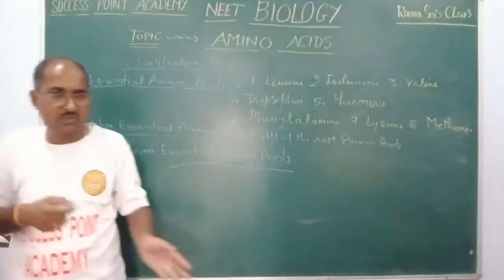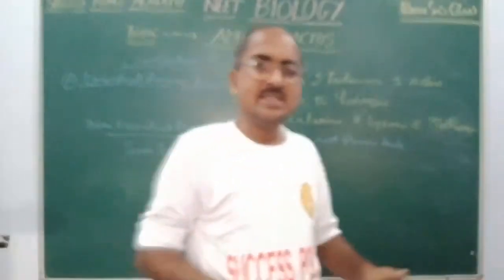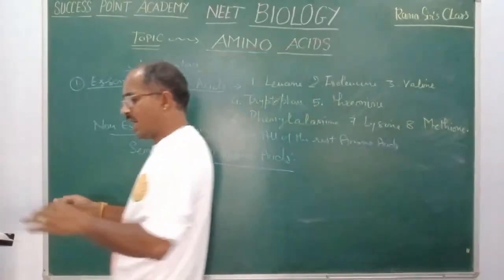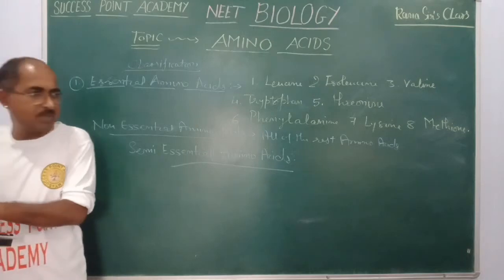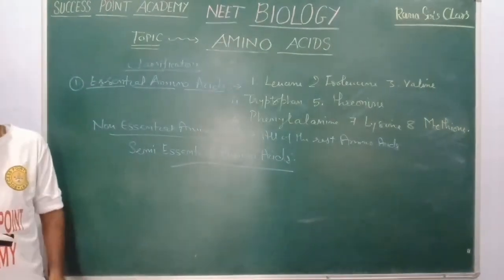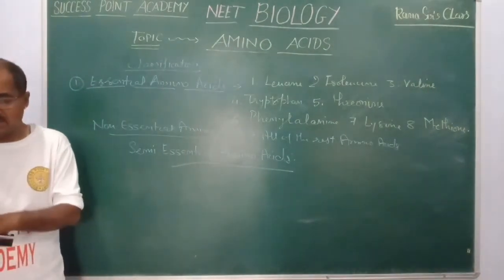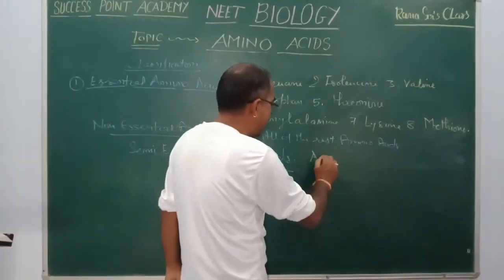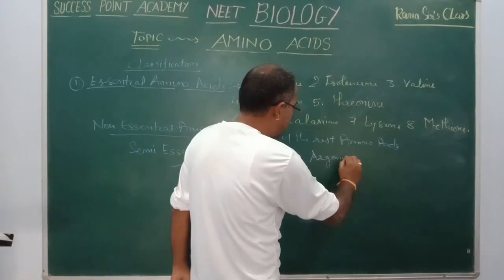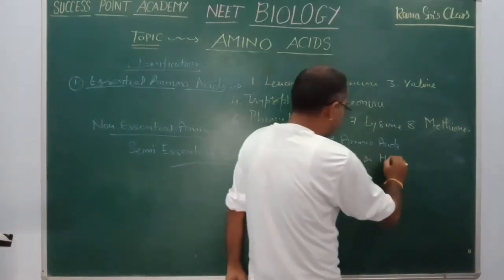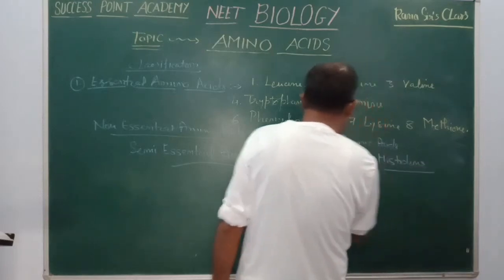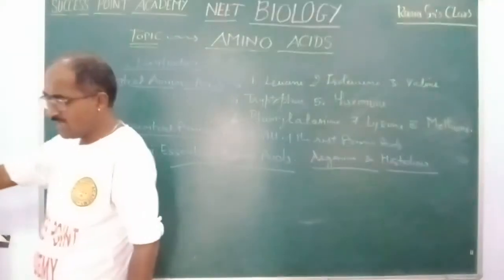So in addition to body synthesis, they are also accomplished from outside to supplement our growth needs. They are called semi-essential. For example, arginine and histidine. Note this. Arginine and histidine are semi-essential.